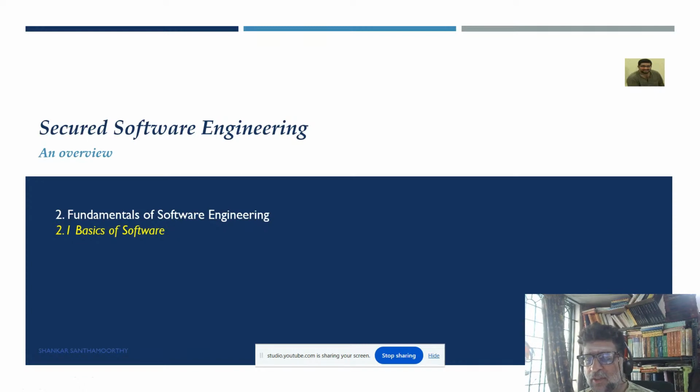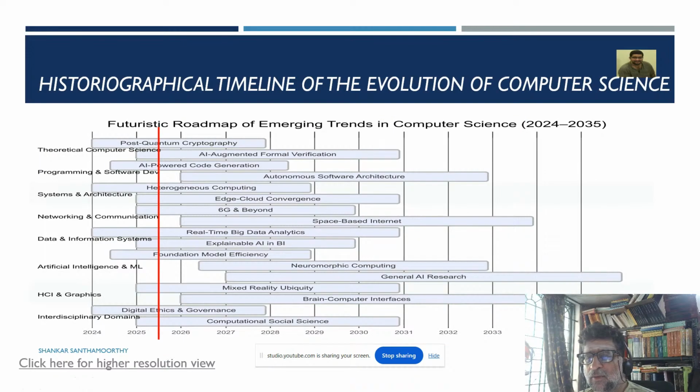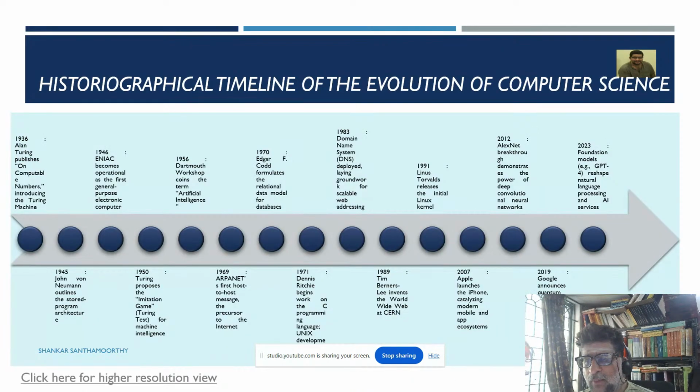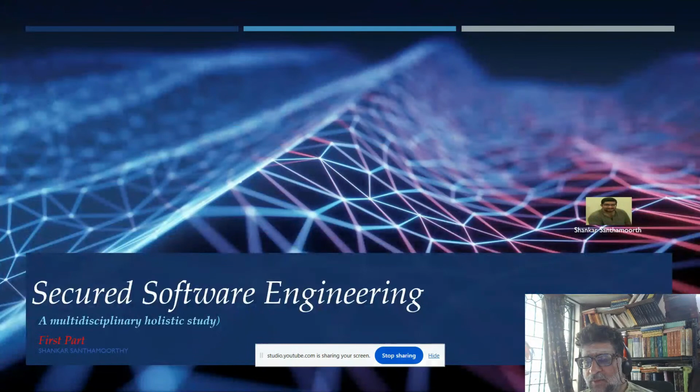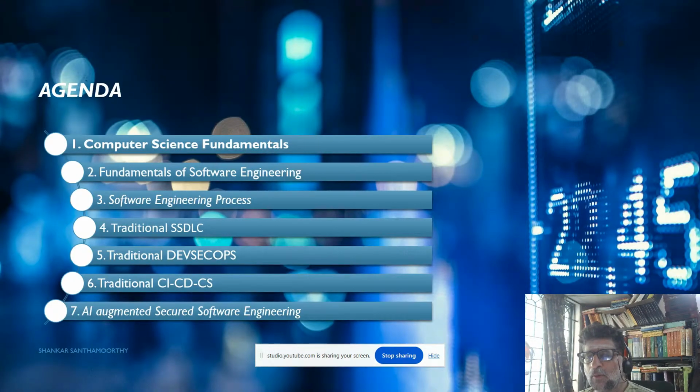The current scope of the discussion will be on the fundamentals of software engineering, on what is software and the basics of software. Before that, I wanted to give a recap of what we discussed in the last session. The overall agenda is addressing the student community on computer science fundamentals, to give them a flavor of their academic subjects in terms of industrial experience.